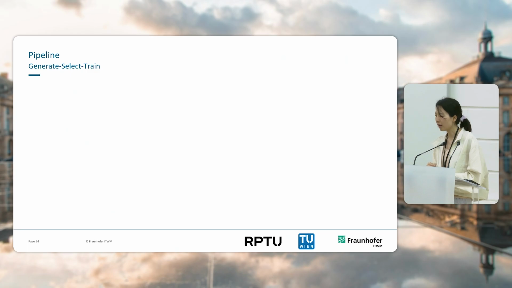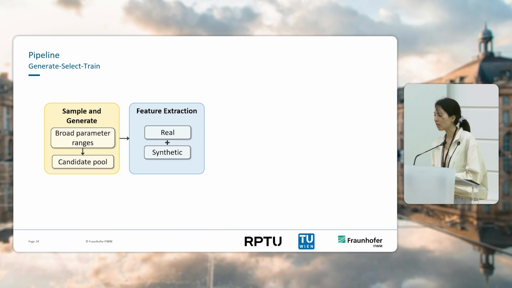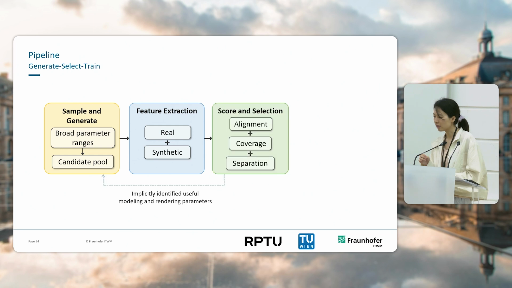So the whole pipeline can be summarized in 4 steps. First, we sample from broad parameter ranges of the K modeling and rendering factors and render a large candidate pool. Second, we extract features from both real and synthetic images and embed them into the same feature space.